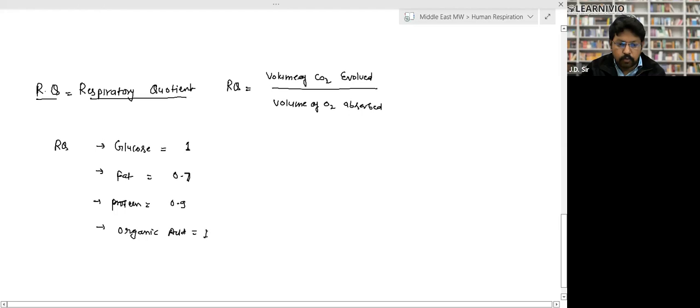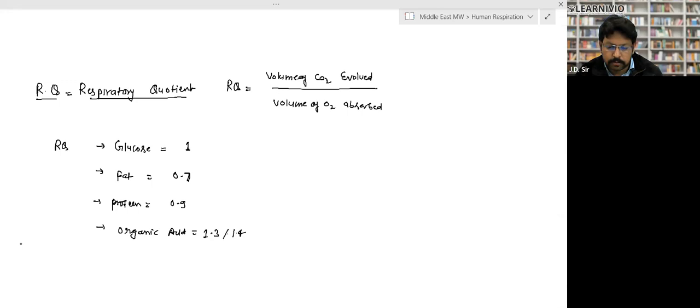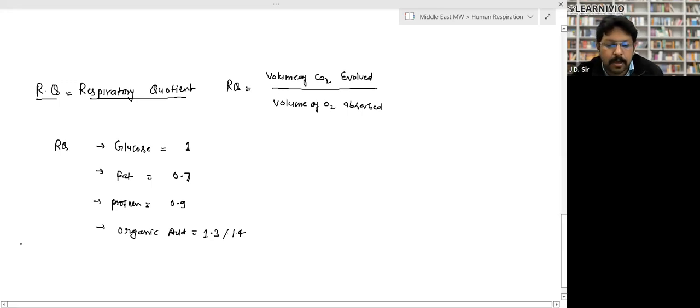That will be 1.3 to 1.4. That is RQ. Clear? So we did mechanism of breathing, we did RQ. Clear till this point?